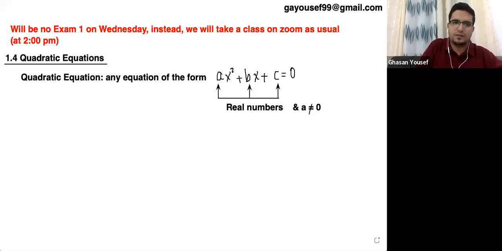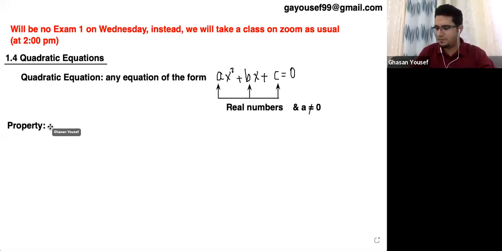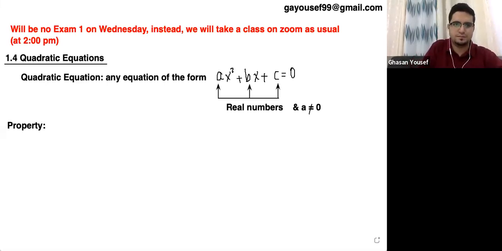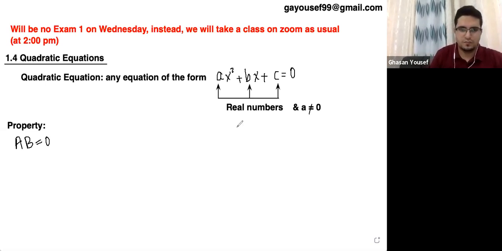First of all, we have to know the property. The property said if I have a times b equals 0, this means either a equals 0 or b equals 0.